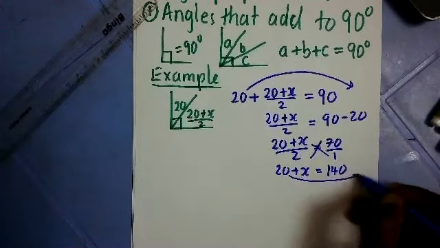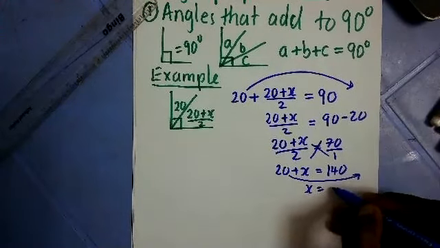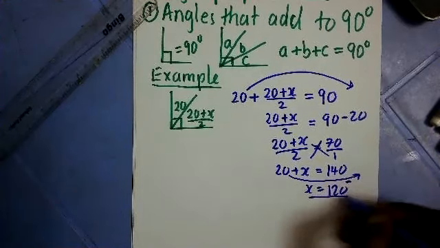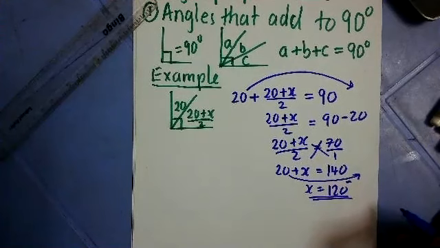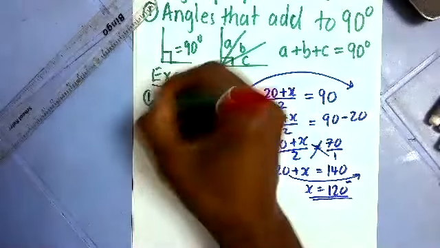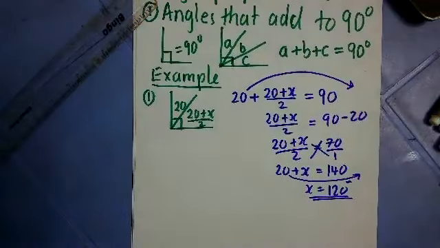So I take 20 this side, and my x will be 140 minus 20, and my answer will be 120. So this is our first example, which shows us angles that add up to 90 degrees.